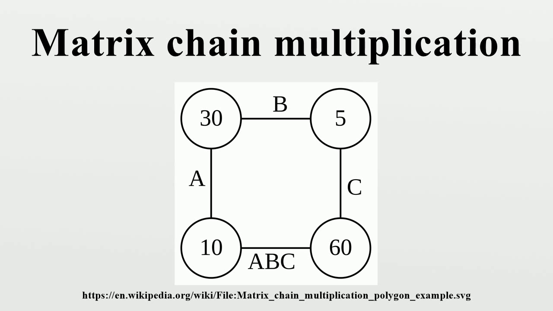For i equals 1 to n minus L plus 1, where L is the chain length, j equals i plus L minus 1, m[i, j] equals MAXINT.